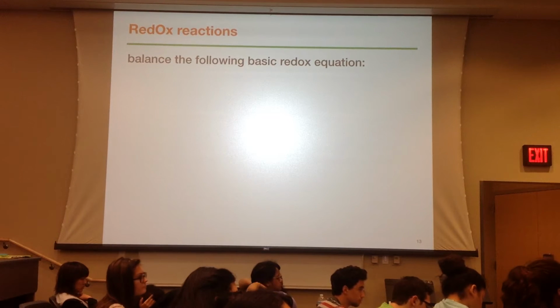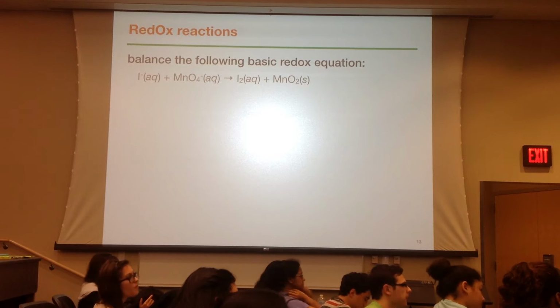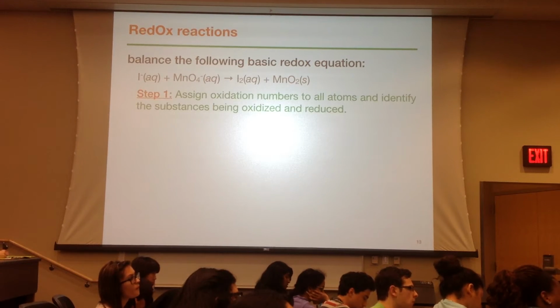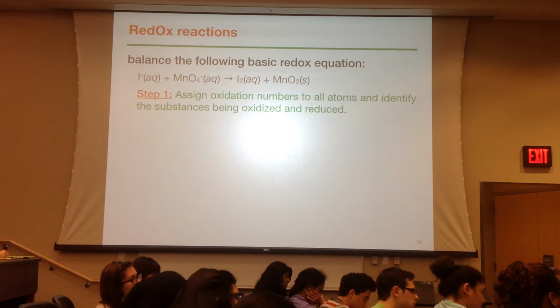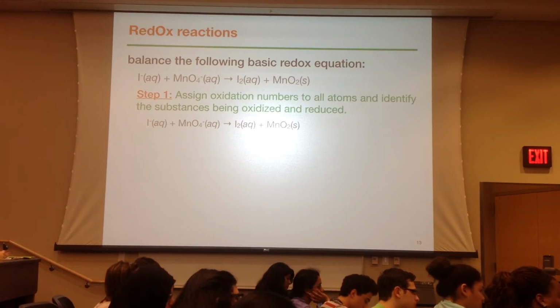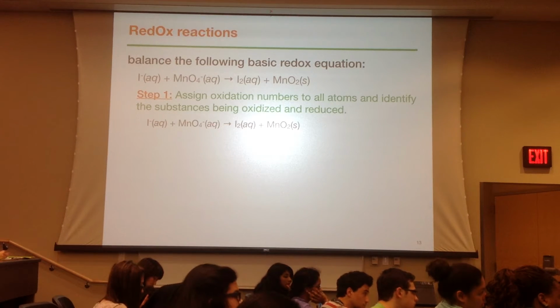Okay? So, first, iodide plus permanganate to give me I2 plus manganese dioxide. We need to assign oxidation numbers to all the atoms to identify which substance is being oxidized or reduced. Iodide, that one's easy. It's just -1. Then we have permanganate.